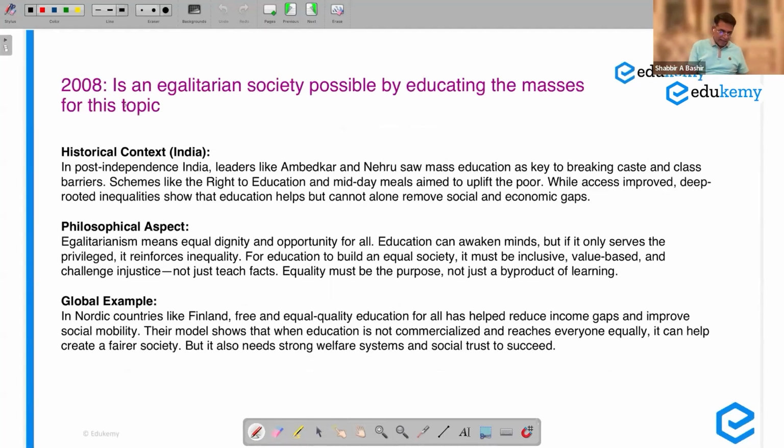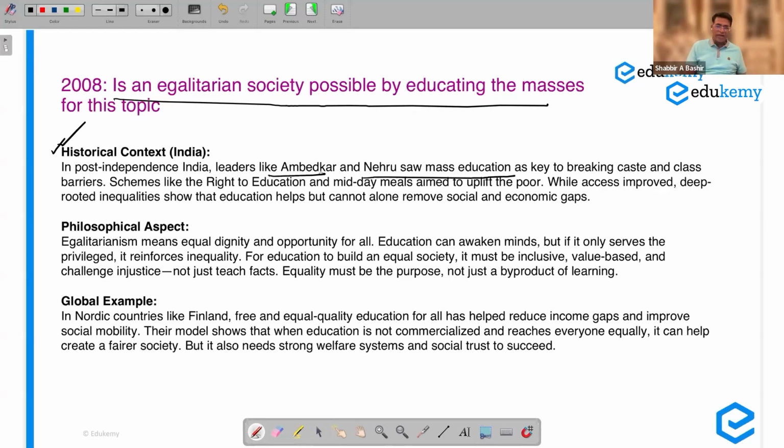Another topic: is an egalitarian society possible by educating the masses? You have done the PESTEL technique on this. You have done the question techniques. Now, very specifically, the historical context. How Nehru saw mass education as the basis of educating the masses.